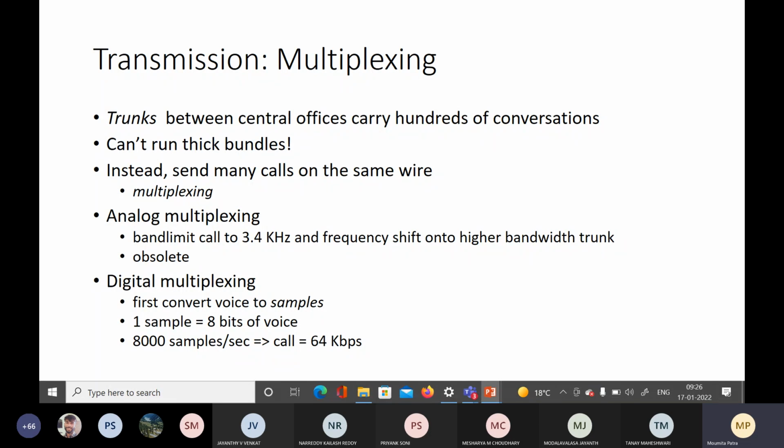So one sample is equal to 8 bits of voice. And then how do we calculate it? If we have 8,000 samples per second, then the call will have a capacity of 64 kbps. So this is how helpful digital multiplexing is.